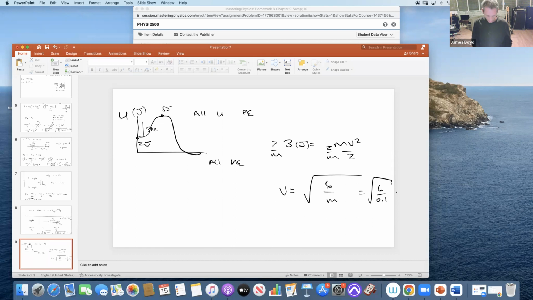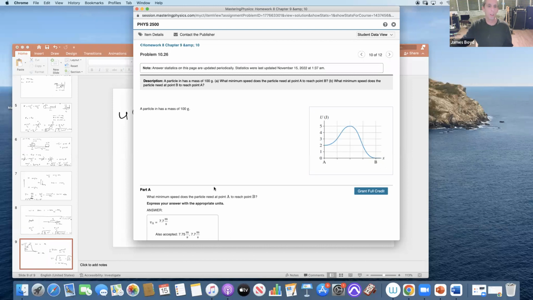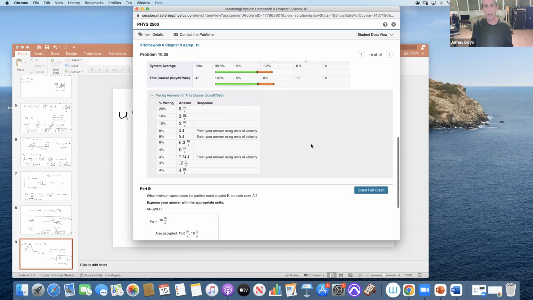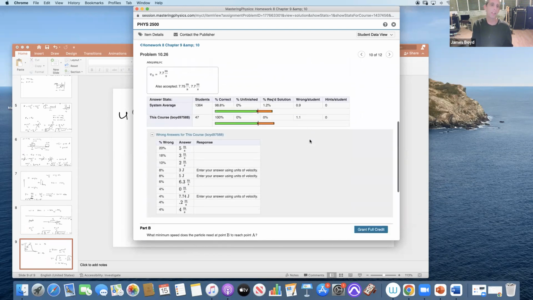So 6 divided by 0.1 is 60. Square root of 60 is 7.75. 7.75 meters per second, or 7.7. Okay, I just want you to be able to read this.